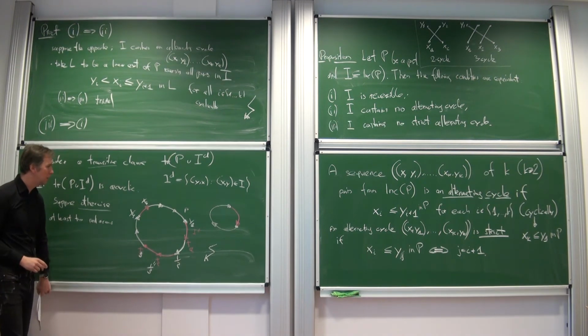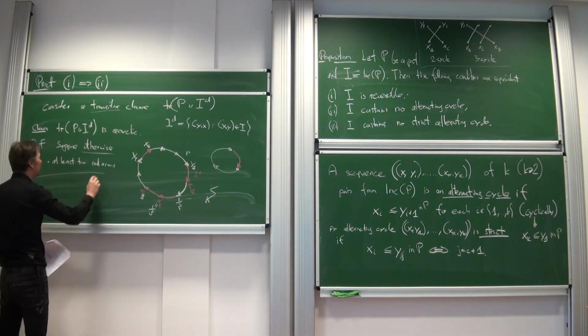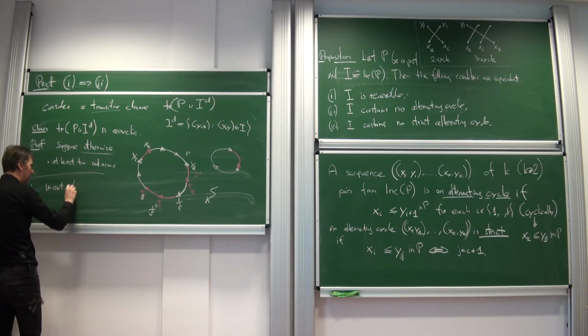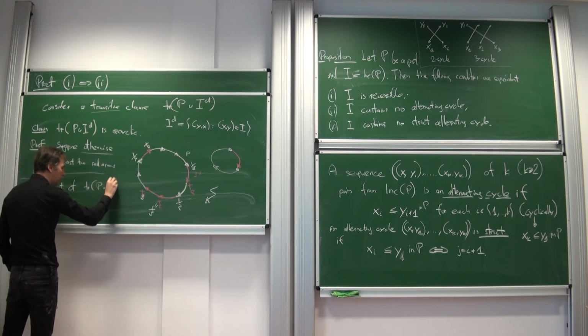So this is acyclic, and if it's acyclic, then we consider L, a linear extension of this thing, the transitive closure of P union ID.